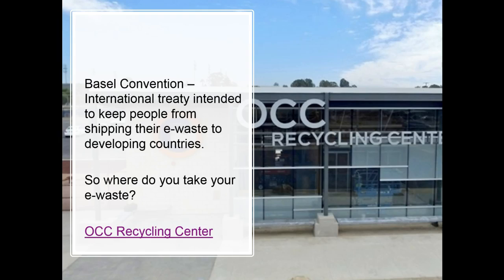Some people that don't have morals will take these e-waste products and dump them in poor countries. This is e-waste dumping, and it is against an international treaty called the Basel Convention. This is intended to keep people from shipping their e-waste to developing countries. Following this video is a short video about the problem of e-waste dumping.